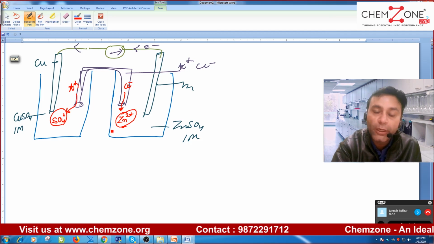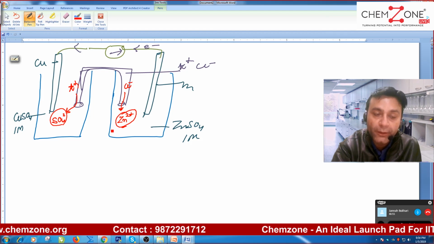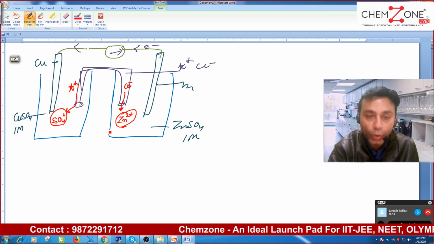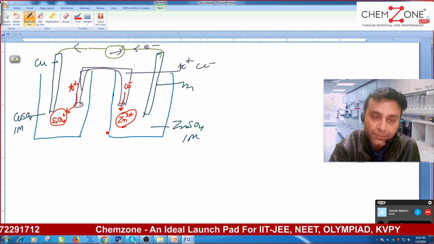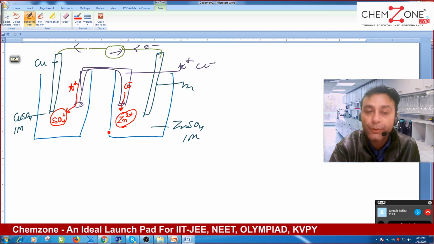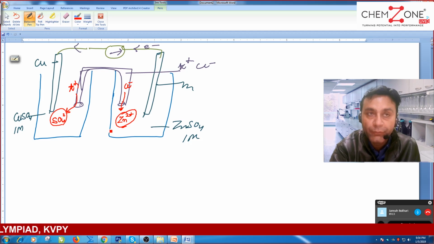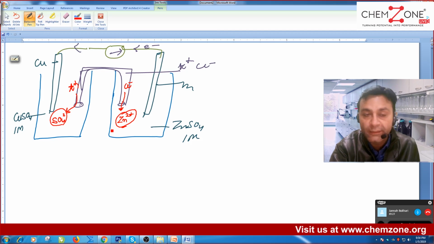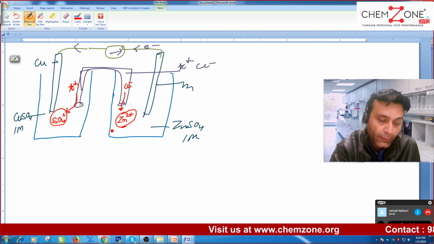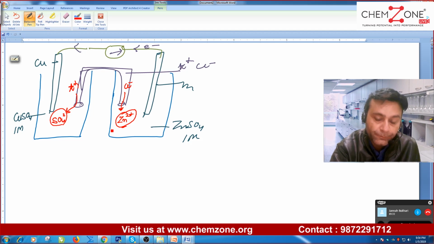And the cell will keep on working until all of the copper ions are deposited and all of the zinc is oxidized, because the cause was the accumulation of charge that was stopping the process. And now in this way we are not allowing any ion accumulation in any beaker, and that is why the cell will continue working now. Am I clear? Right.